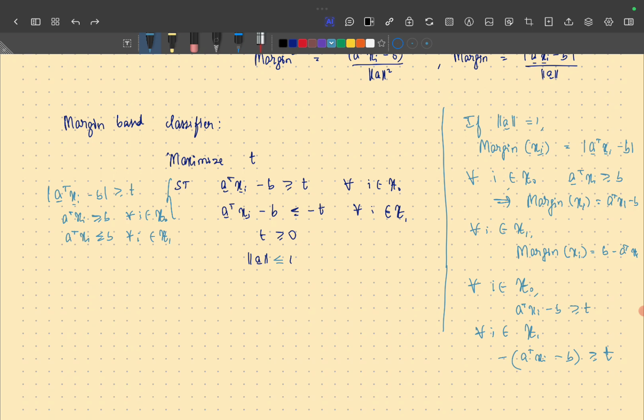Why is it not convex? What is the set of all points A such that norm of A is equal to 1? It's the surface of a sphere, which is not a convex set. Because if you take any two points on the surface of the sphere, the line joining the two does not lie on the surface anymore.